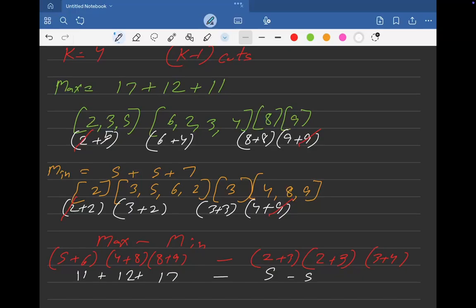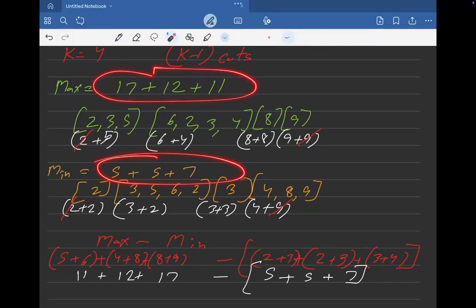So I hope you understand that this thing is the summation, and here we have the summation of the minimum cost. This is the maximum cost minus minimum cost. So it will look like this: 5 plus 5 plus 7. So we got 3 maximum values minus 3 minimum values.